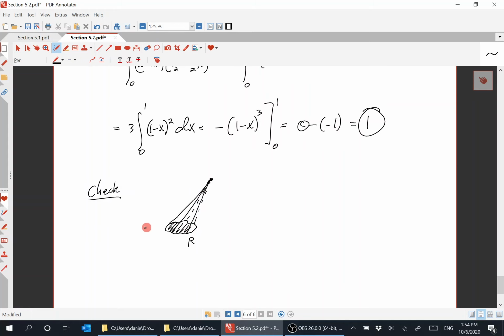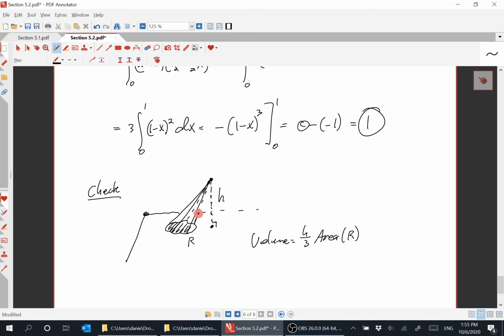So you've got this region R in the XY plane, and then this point up here, and its perpendicular height is H. The volume of this thing is equal to H over 3 times the area of R. It's just 1/3 the height times the area of the base.